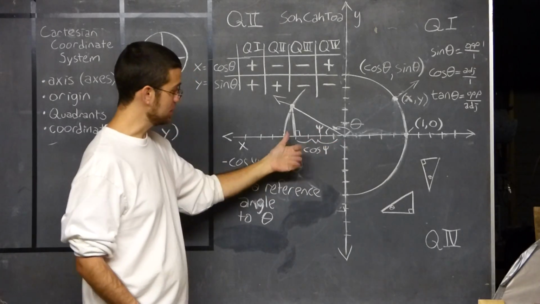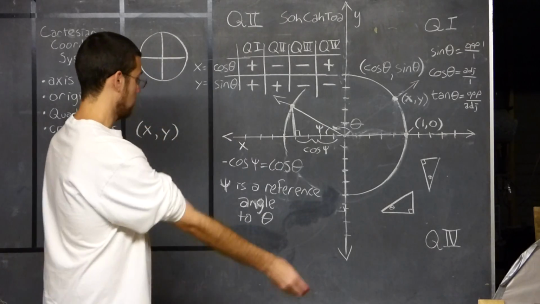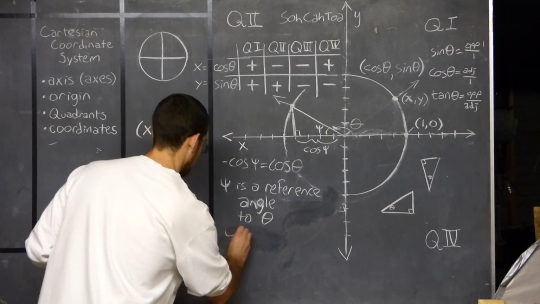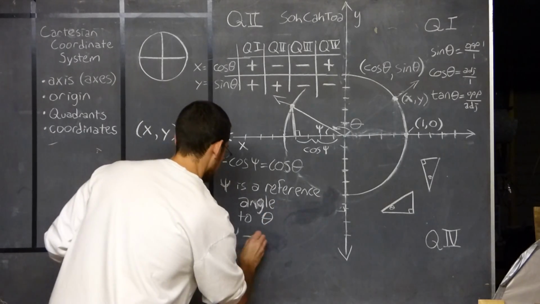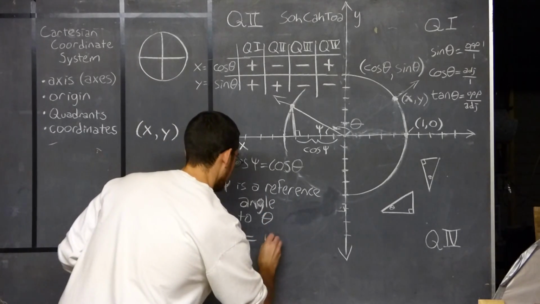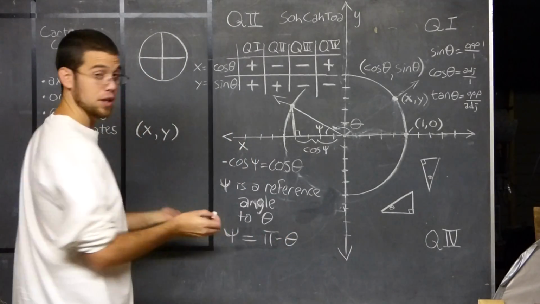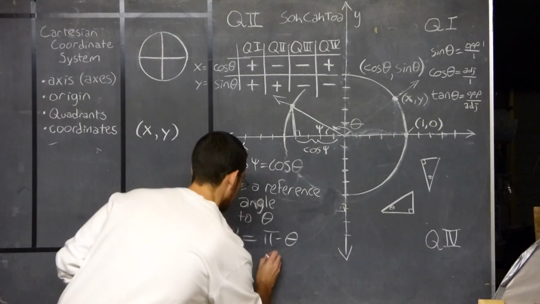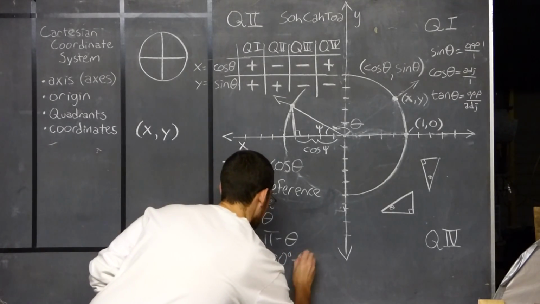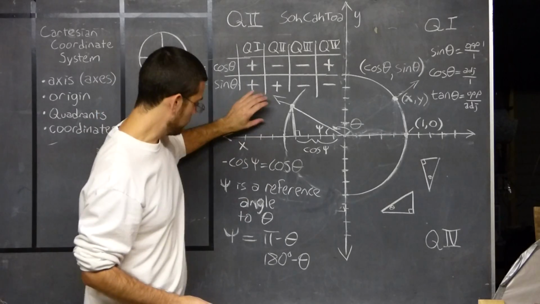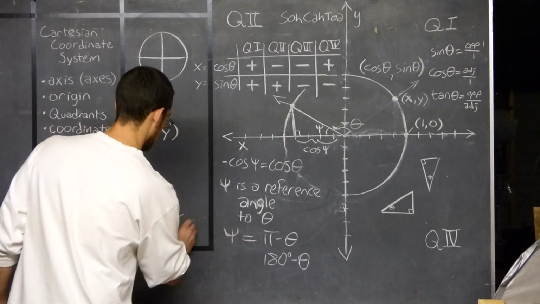Now we know it's negative because we're moving to the left of the y-axis. So, psi is going to equal pi minus theta in radians, or 180 degrees minus theta when we're in quadrant 2. So this is all for quadrant 2.